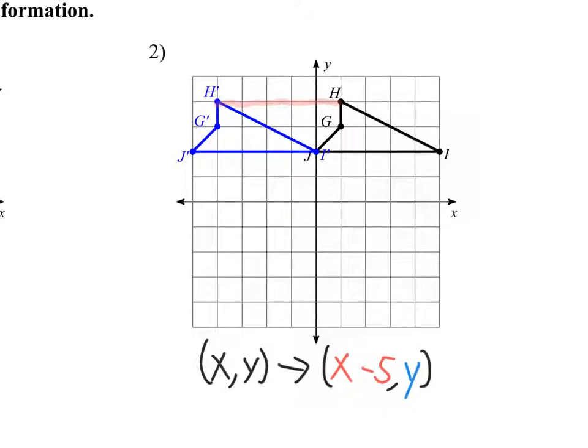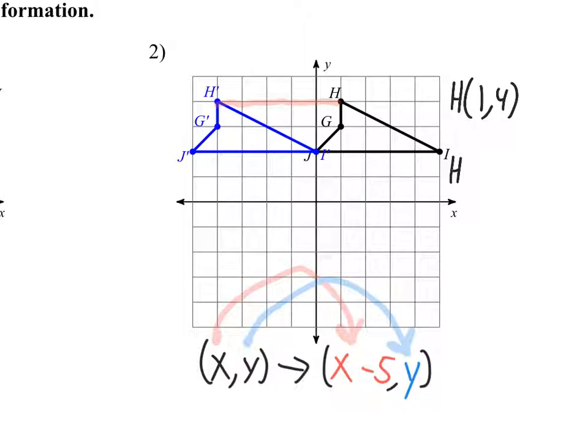And just as a quick reminder, you don't have to write this down in yours, but I do want you to see that this is our original point right here, and this is what we had to do to it. We had to subtract 5 in the x direction. This is our original point here, and we didn't do anything to it. We left it alone. I'm going to show you real quick with h and h prime. My coordinates for h, I just want you to see the difference, are 1 and looks like 1, 2, 3, 4, positive 4.